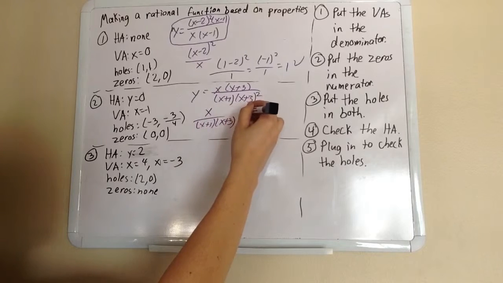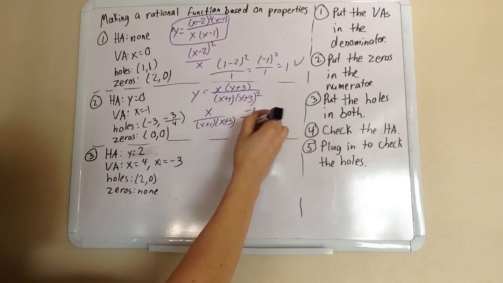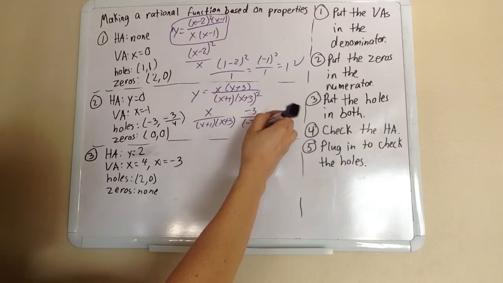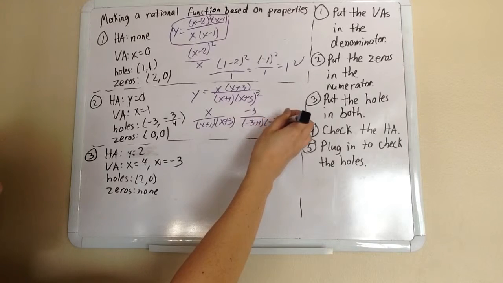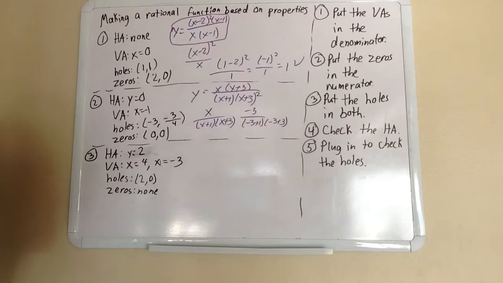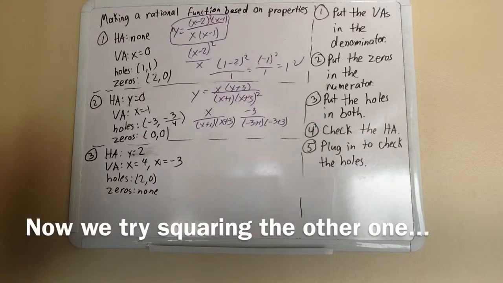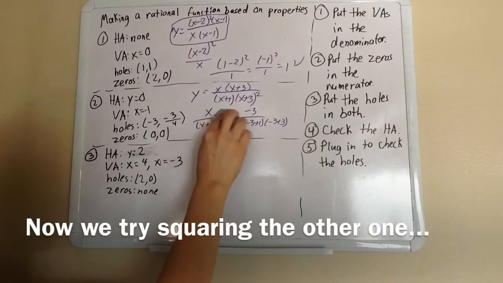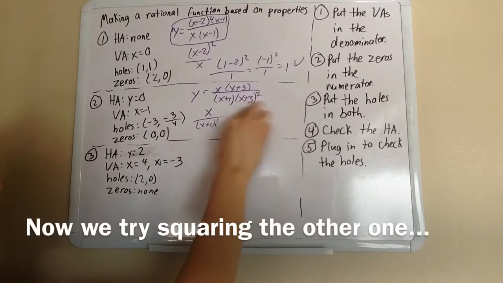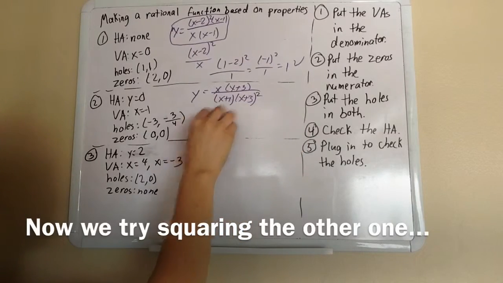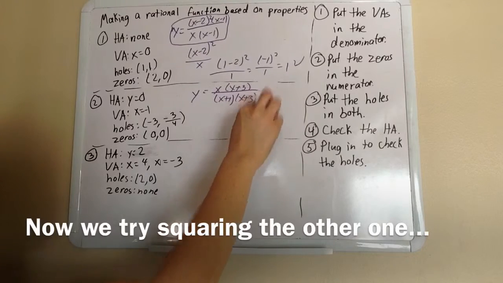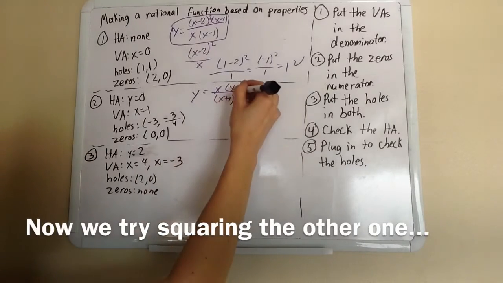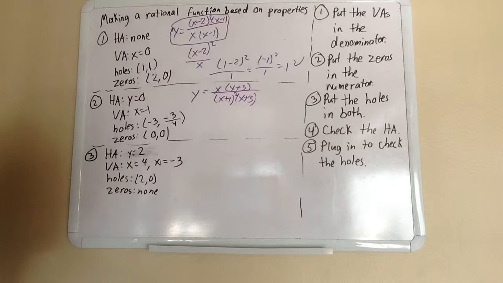Now you plug in, we get negative 3 over negative 3 plus 1, negative 3 plus 3. Well, negative 3 plus 3 is 0, but we can't divide by 0, so this one doesn't work. So we know right now we cannot square the second one, we probably need to square the first one. So let's just double check there and make it squared there.